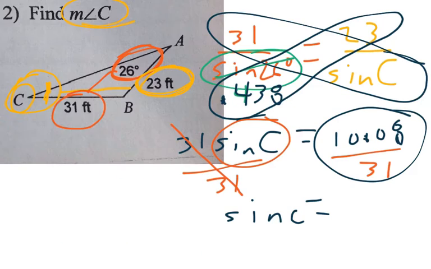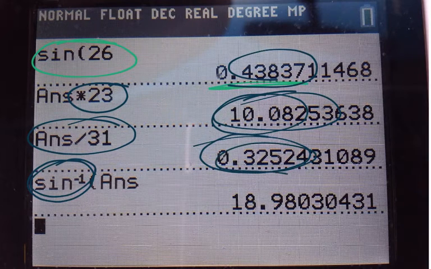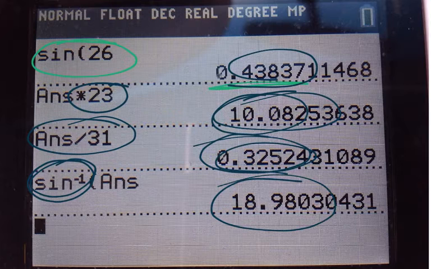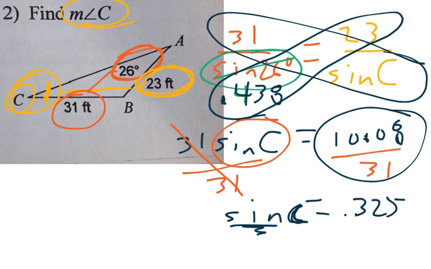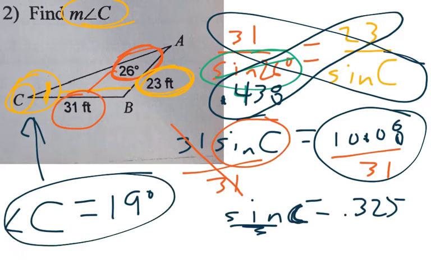Now remember, 0.325 is the sine of C. So as you can see on my calculator, I'm going to do the sine inverse of 0.325, and I finally got angle C, 18.98. We're just going to round that off to 19. So we just figured out angle C is approximately 19 degrees.